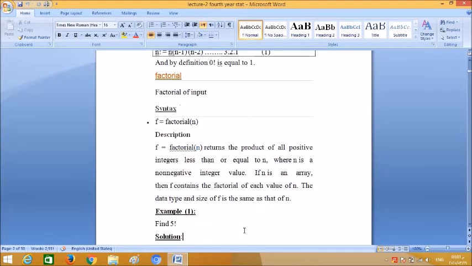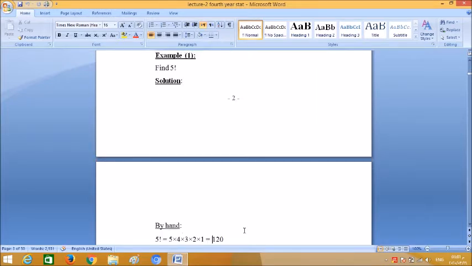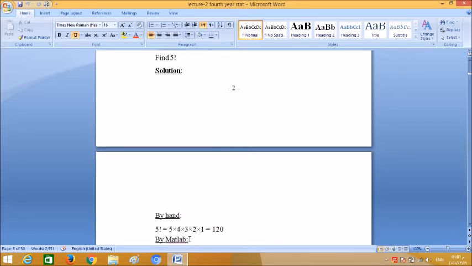Example 1, find 5 factorial. As we said before, solution by hand, you have to multiply all numbers from 5 to reach 1, like this. So 5 factorial equals 5 multiplied by 4 by 3 by 2 by 1.